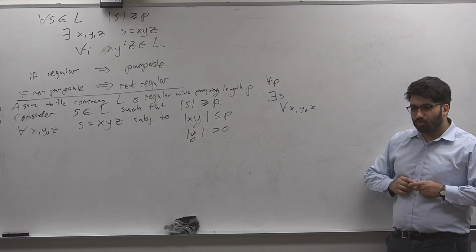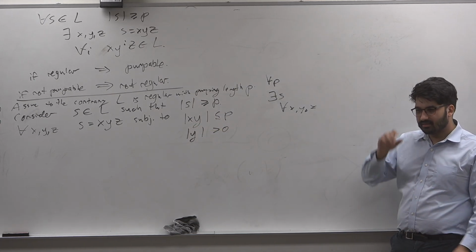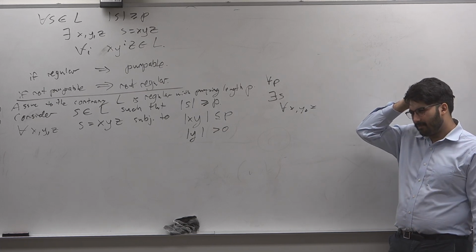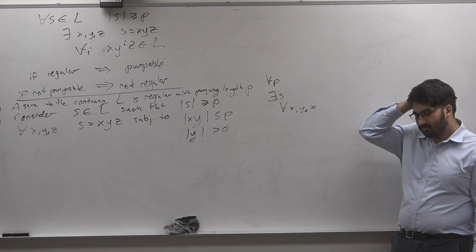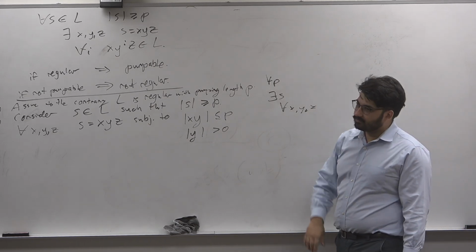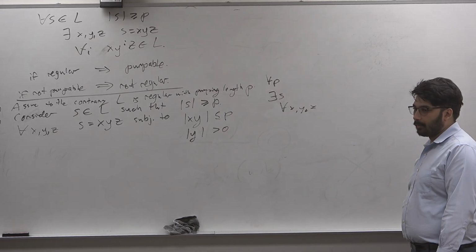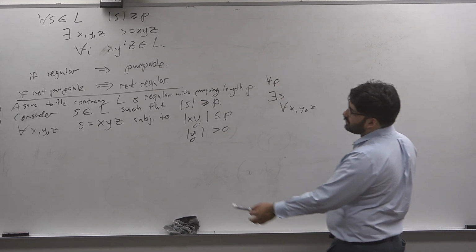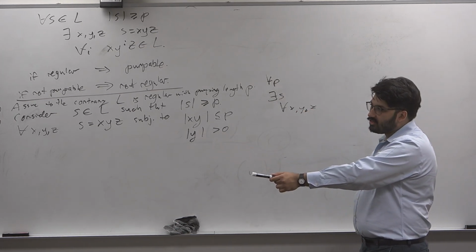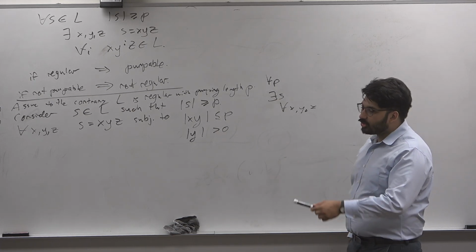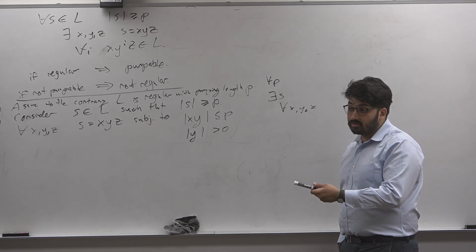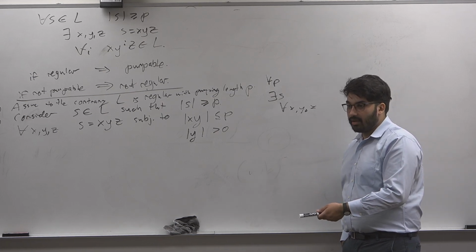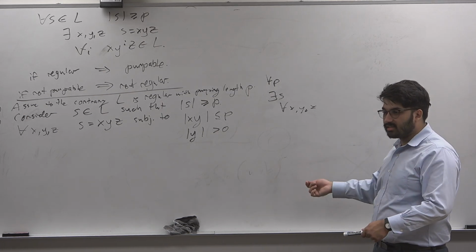The second condition, the length of xy is less than or equal to P. Why is that true? Why can we assume that? That's a difficult thing. Because of the pigeonhole principle, and if there's more than P, then it's not going to be able to be accepted. Yeah. So think of x, y, z again as a path in the DFA. By the pigeonhole principle, certainly some repetition must occur if S is long enough, but there could be multiple times. It could be happening at the first character and the last character and everything in between.